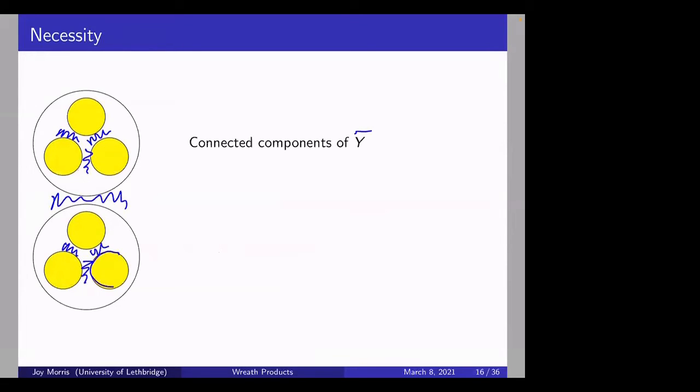And again, I can pick a connected component of Y complement, pick the same connected component in each of these two copies and switch them. And this will be an automorphism of my graph, of my lexicographic product.